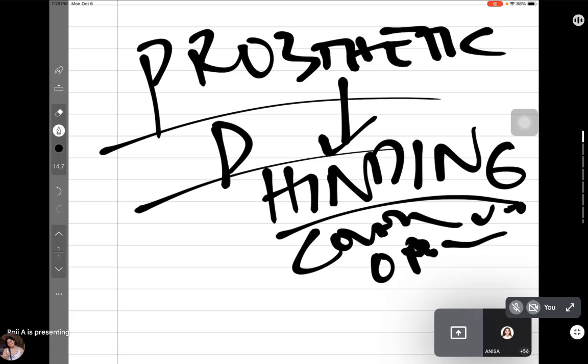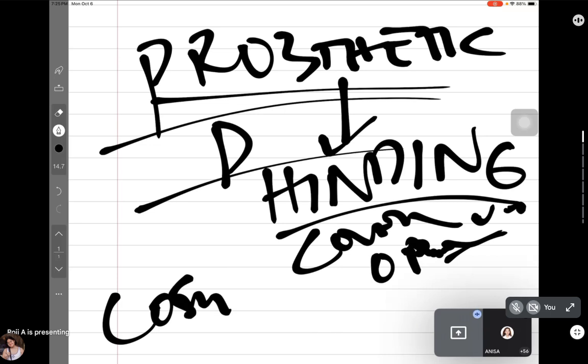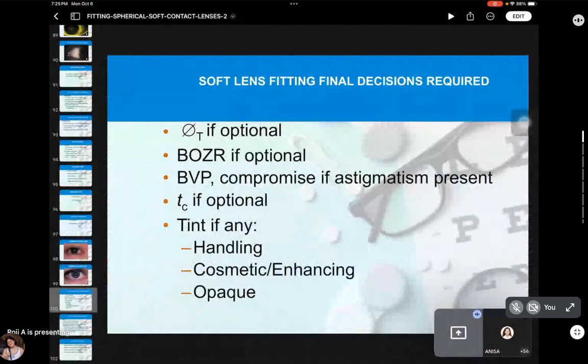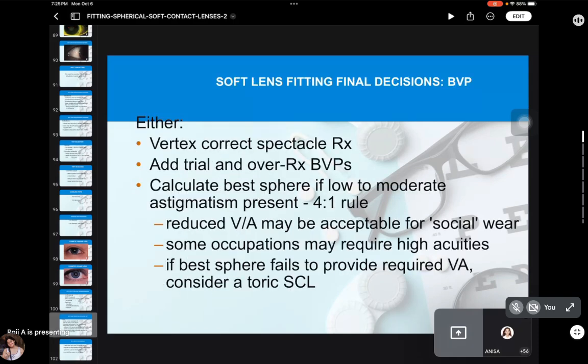Merong deformity, you try to hide it, prosthetic. Against cosmetic. Si cosmetic, pampaganda yan. Kaya yung mga girls, alam na alam yan. Cosmetic. Correct? Anisa, yes, metropia po. Okay, very good. All right. And that is your opaque to cover up.